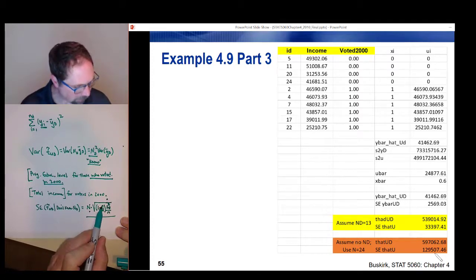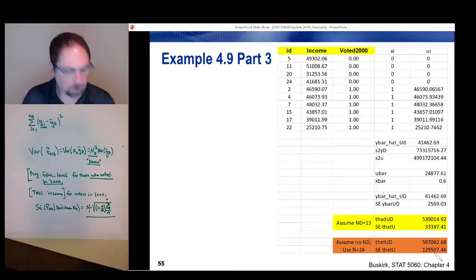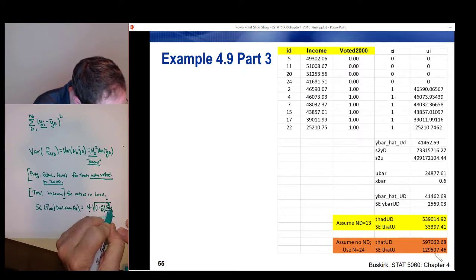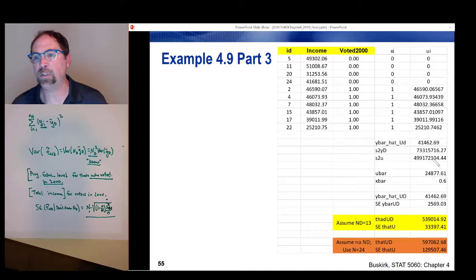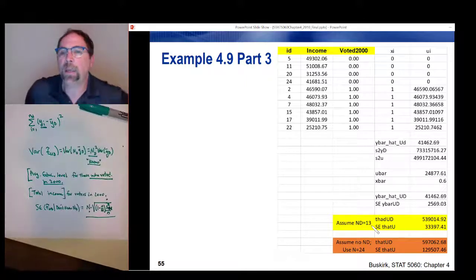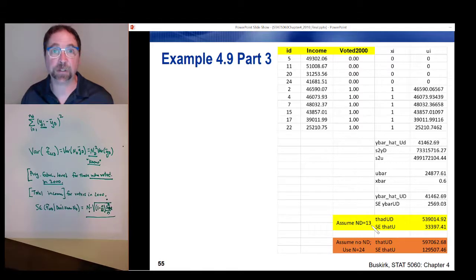I have a sample size of 10, and then the s squared u value is what we see here, this 499 million. And so that is going to equate to the standard error. Now you'll notice that the standard error is about 4 times the size of what we'd get when we know the population size of our subdomain.